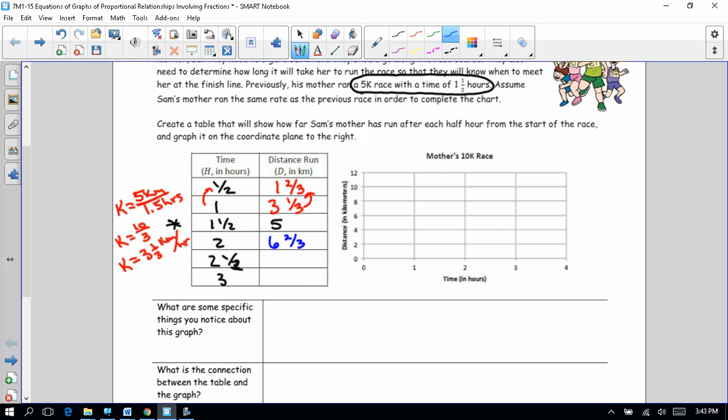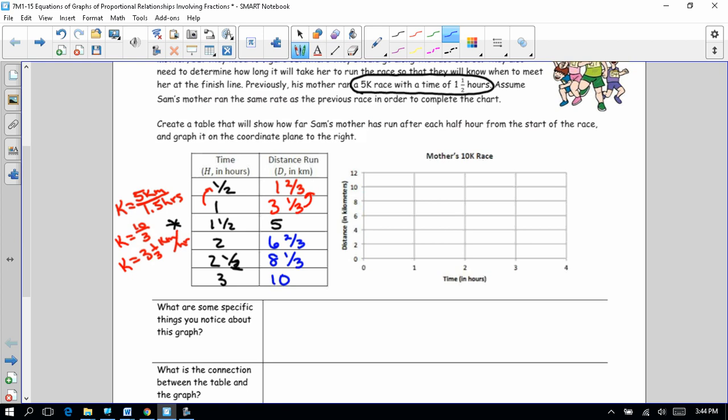And then if I add another half hour to that, it's 8 1/3. And then finally, the 10K, which I did kind of have up there with that k equals 10 over 3. Sure enough, 10 over 3 in my table there.